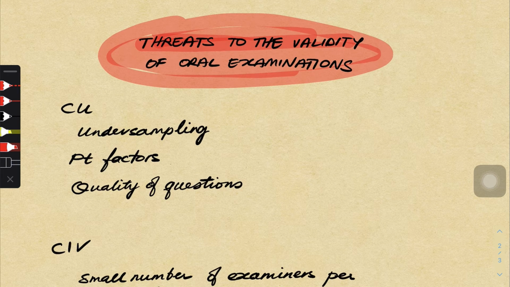Now, as usual, it is divided into the CU and the CIV: the construct underrepresentation, and the construct irrelevant variance. Under CU they mention that undersampling is a serious threat.